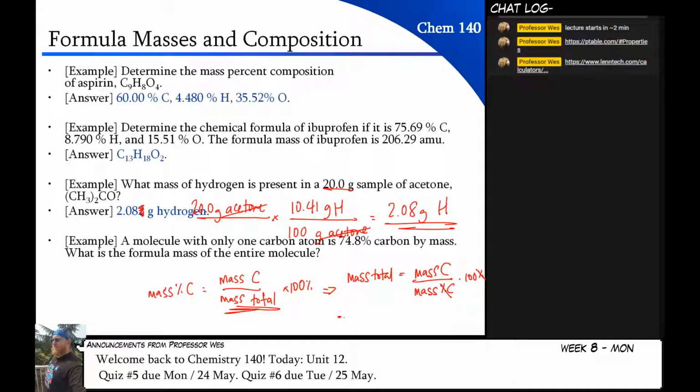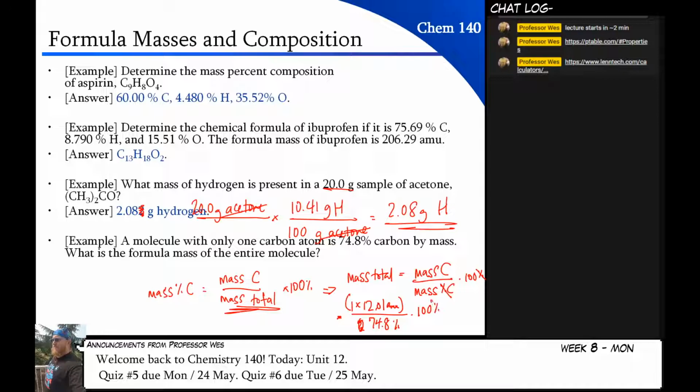And so that would be, there's one carbon atom, and each carbon atom weighs 12.01 AMU, divided by the total mass, oops, not the total mass, sorry, the mass percent of carbon, which was 74.8%, times 100%.